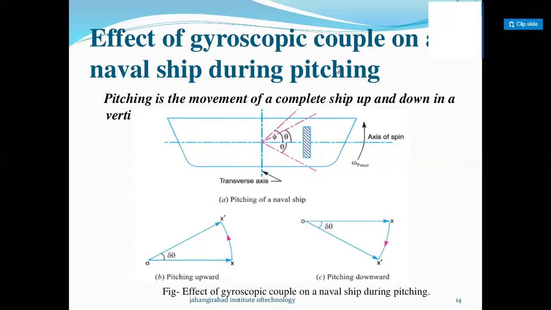For this case, the z axis becomes the precession axis. The gyroscopic couple acts in the anti-clockwise direction about the y axis and the reaction couple acts in the opposite direction. So OX dash for pitching upward by delta theta, and OX dash for pitching downward by delta theta, are shown in figures B and C.